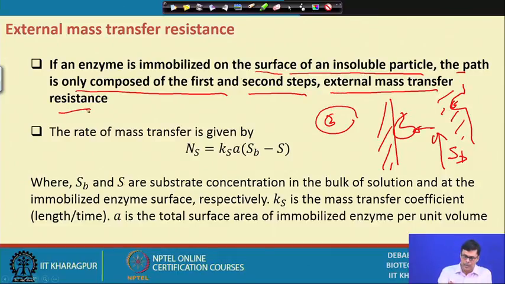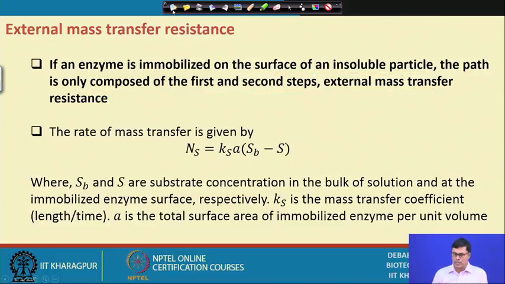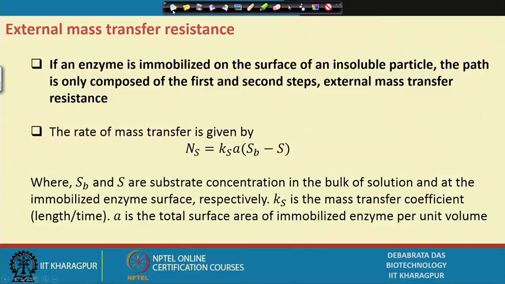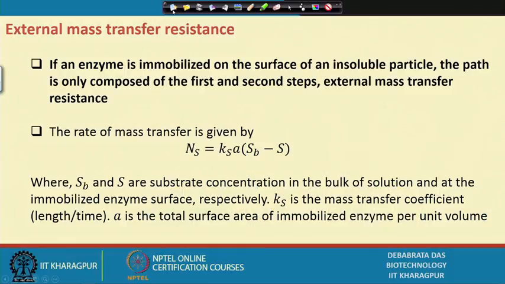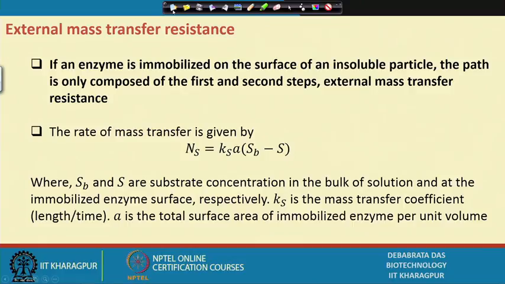As an example, if we consider a nylon solid matrix with a surface that has little pores inside, in that case the enzymes will remain at the surface of the solid matrix. Now, in that case how can you express the mass transfer?